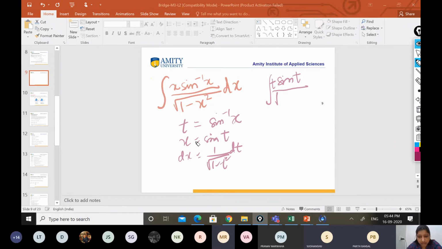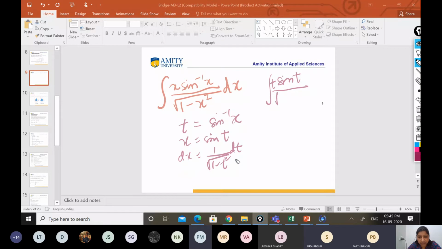Yes, ma'am. Here dt is equal to sin inverse, right? Ma'am, we have to take dt by dx. Right, there is a mistake here. x is equal to sin t, and dx is the derivative of sin inverse, 1 upon under root 1 minus x square. No, that is the derivative of the inverse. Ma'am, we have to differentiate t is equal to sin inverse x. dt by dx is equal to 1 by under root.